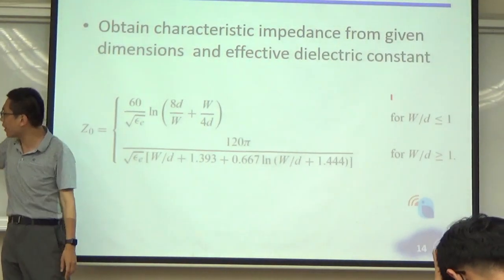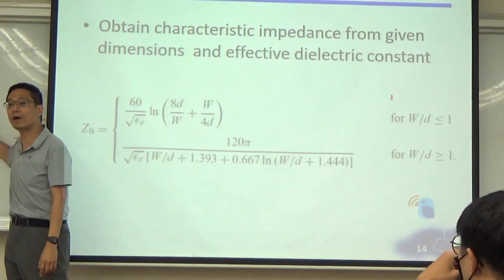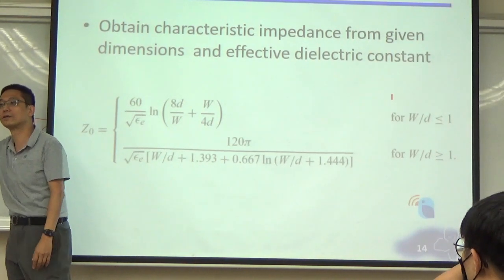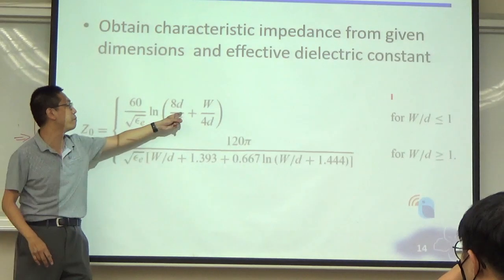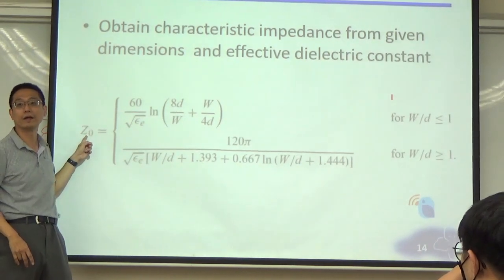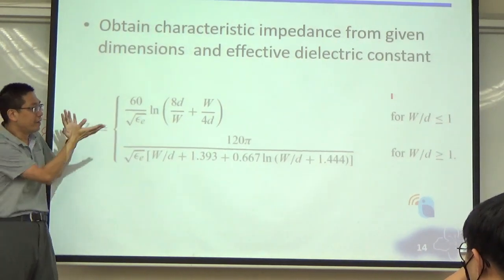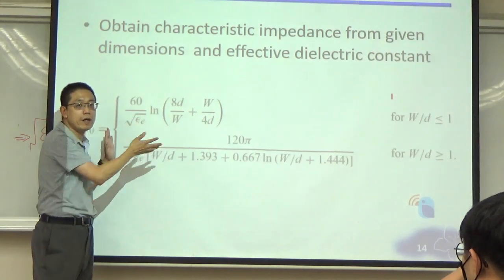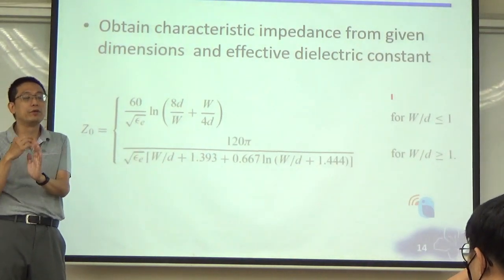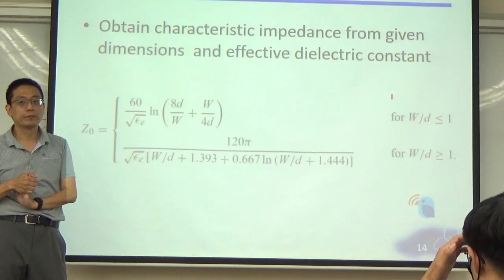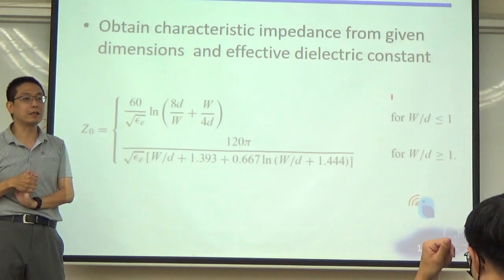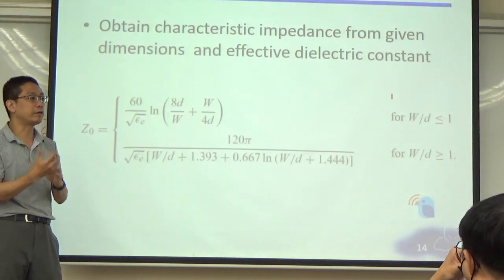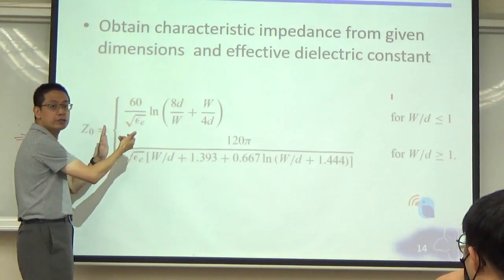The harder part is the logic. Here there is no logic: you just put in numbers and you get Z0. Because these two equations are numerical results, it is not easy to obtain the reverse equations.